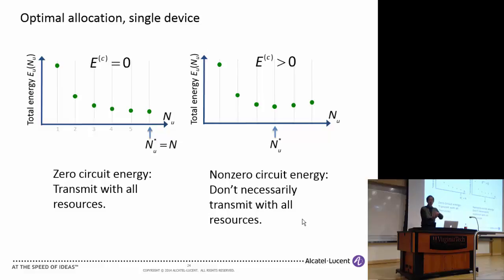Therefore, it might make sense to just transmit with one resource, because if you transmit with 2 resources, that overhead cost would increase the total energy. So depending on what this EC is relative to the ET and the payload, there's in general some optimal value, let's call it N star U, for minimizing the energy for that device.